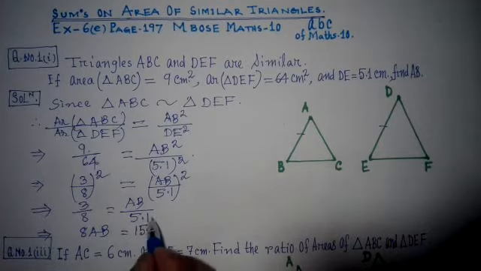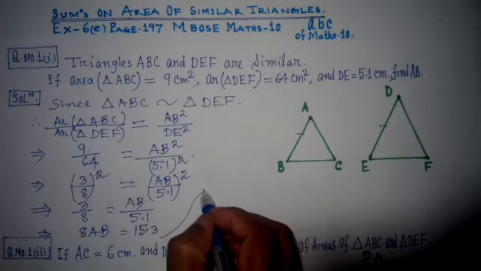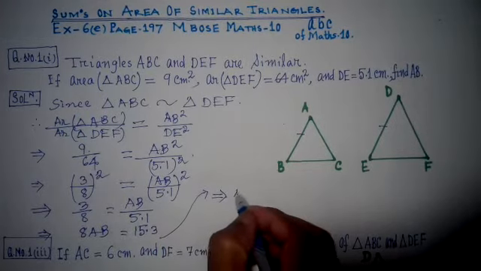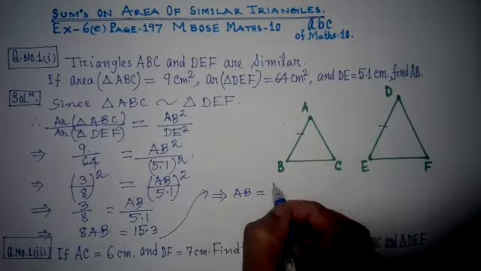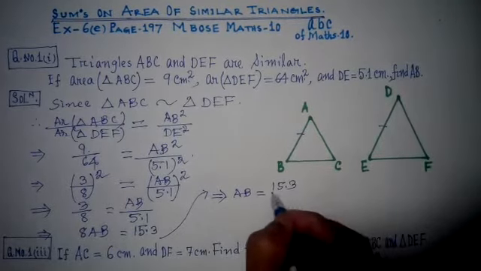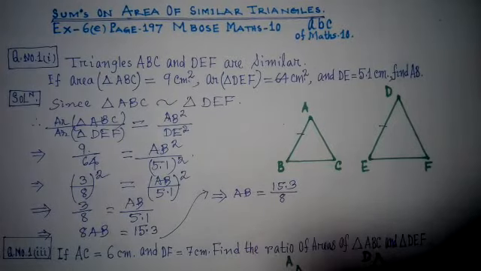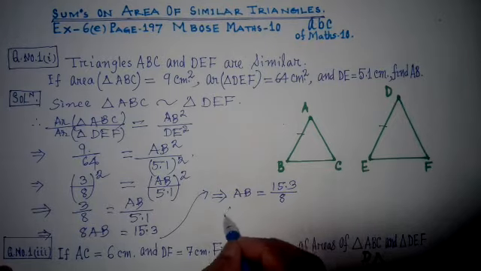After the decimal point one digit, so it is 15.3. 8AB equal 15.3. So next line, AB is equal to this 15.3 divided by this 8. So if we divide 15.3 by 8, we will get the answer.